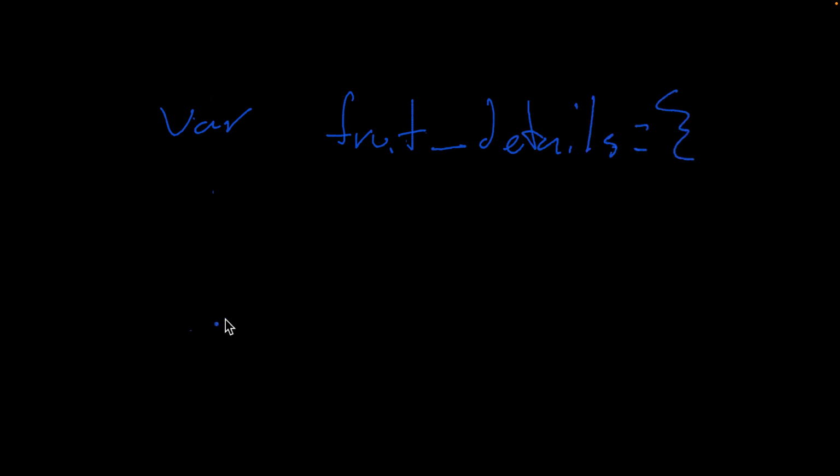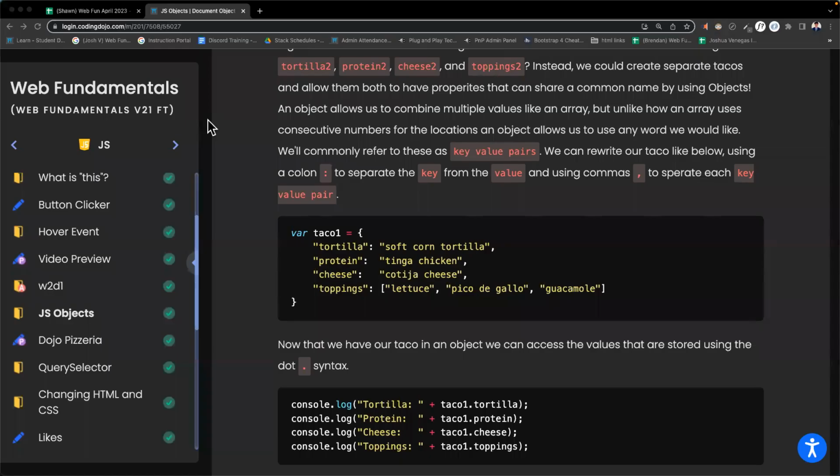So let's do that. So we say var fruit details. Open the object. Oh, no, wait, it was an array. Oops. It's making squares there. Oh, no, it won't work.